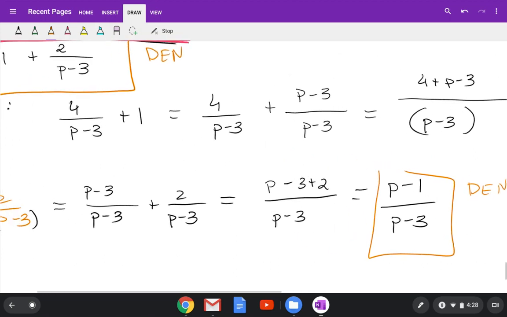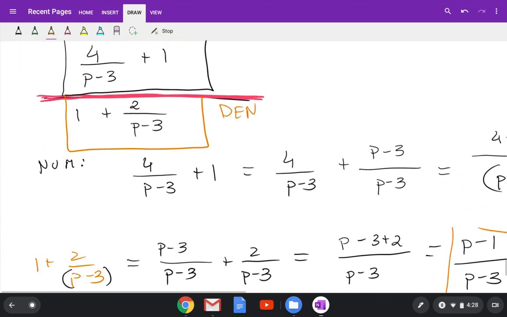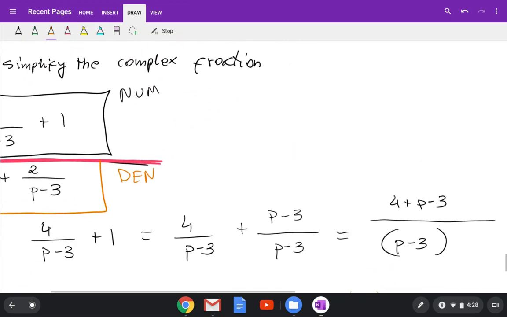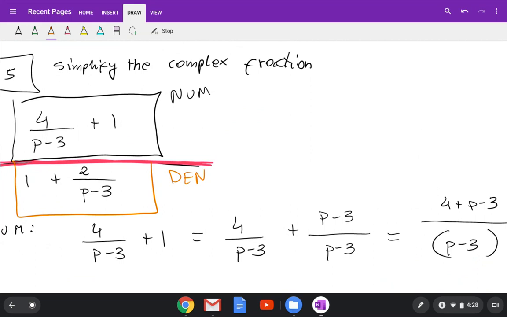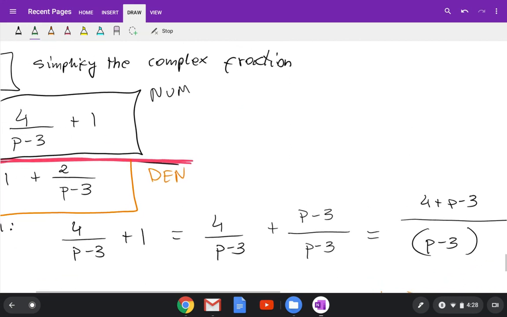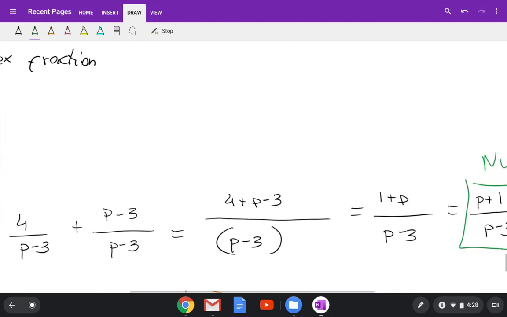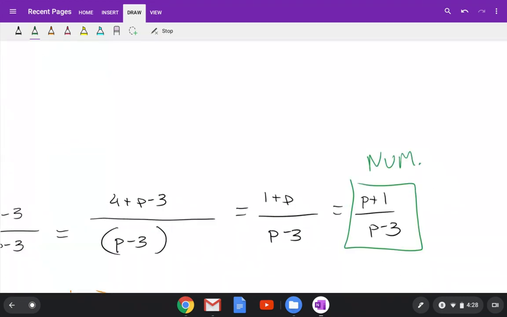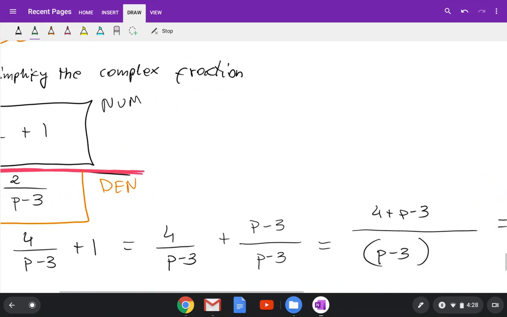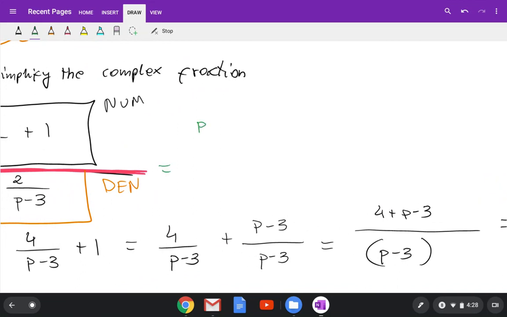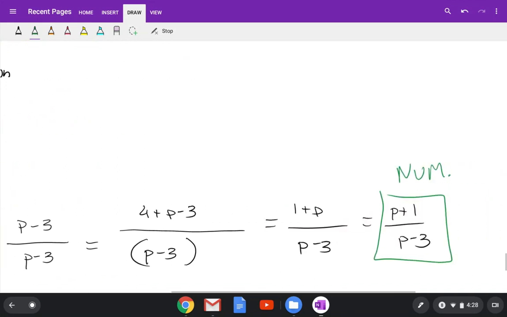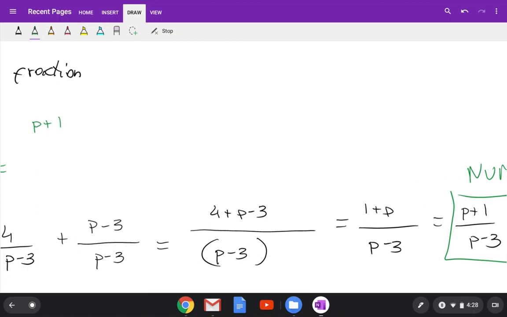of the original complex fraction. So now I'm going to simplify, so I will move here the numerator, which we simplified, 4 over p minus 3 plus 1 here. This is the same as p plus 1 over p minus 3.